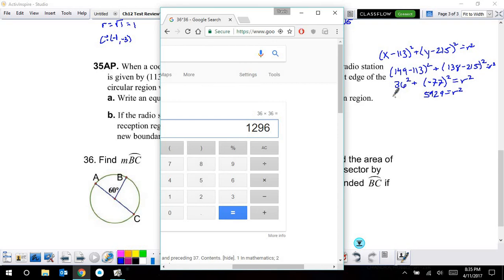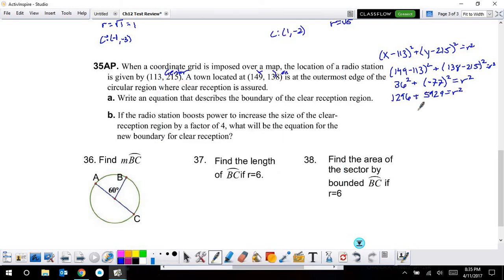That's right, 1296. So when I add those two together, we're going to get a big number for r squared. It's going to be 7,225. So my equation of the circle is (x − 113)² + (y − 215)² = 7,225.